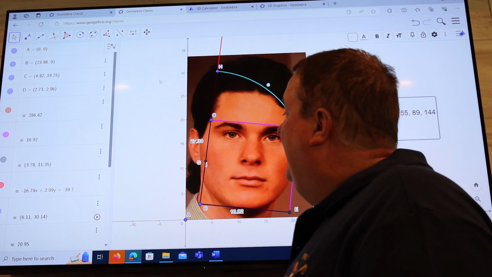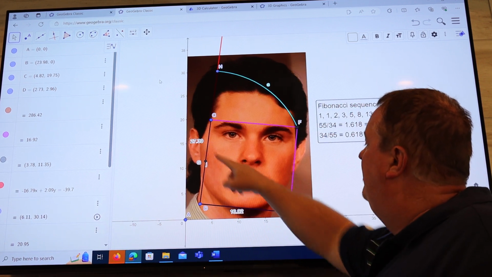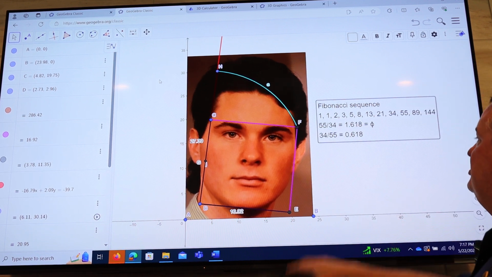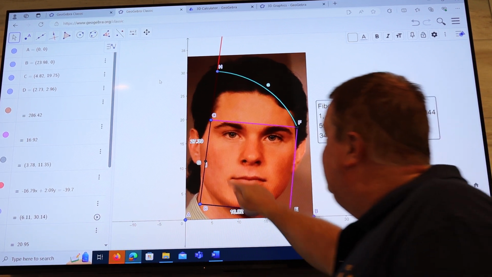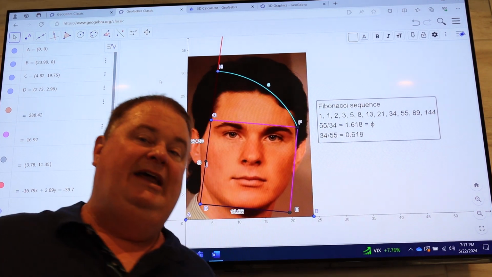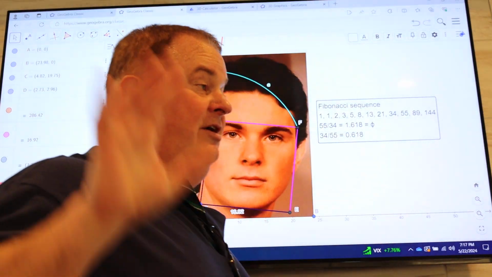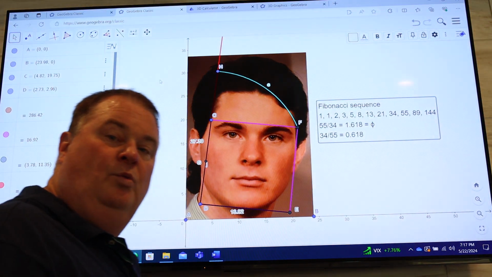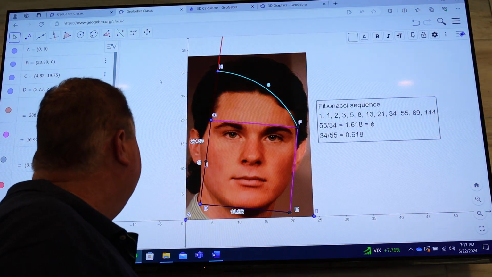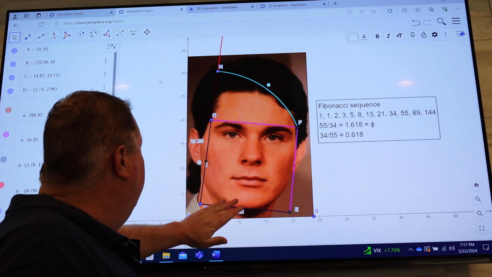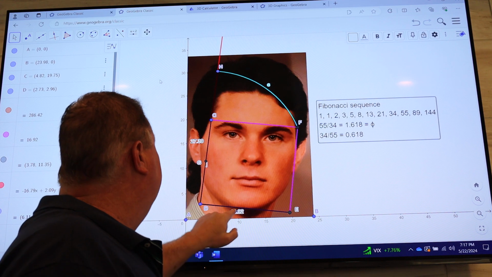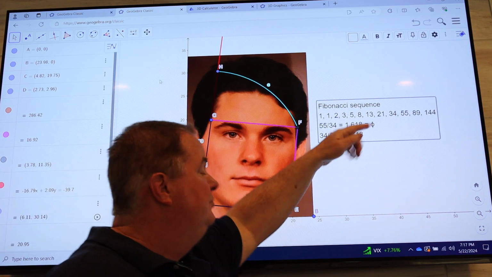If you take those two numbers and divide them, you'll get 1.618. If you take this divided by that, you'll get actually 0.618, which is kind of crazy, because then that means that this divided by this, the larger number, is 1.618. The smaller number divided by is 0.618.